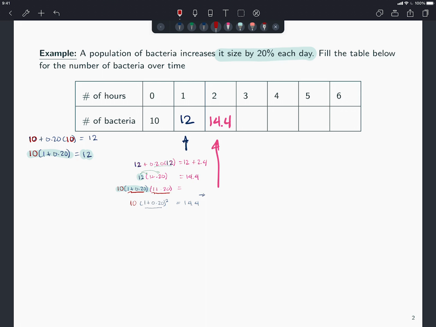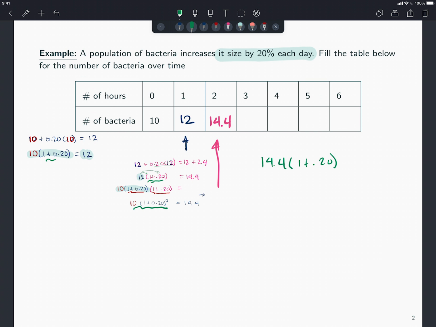I could say I'm adding 20% to 14.4. So that's 14.4 times 1 plus 0.20. But I can say then 14.4 is this 10 times 1.2 squared.